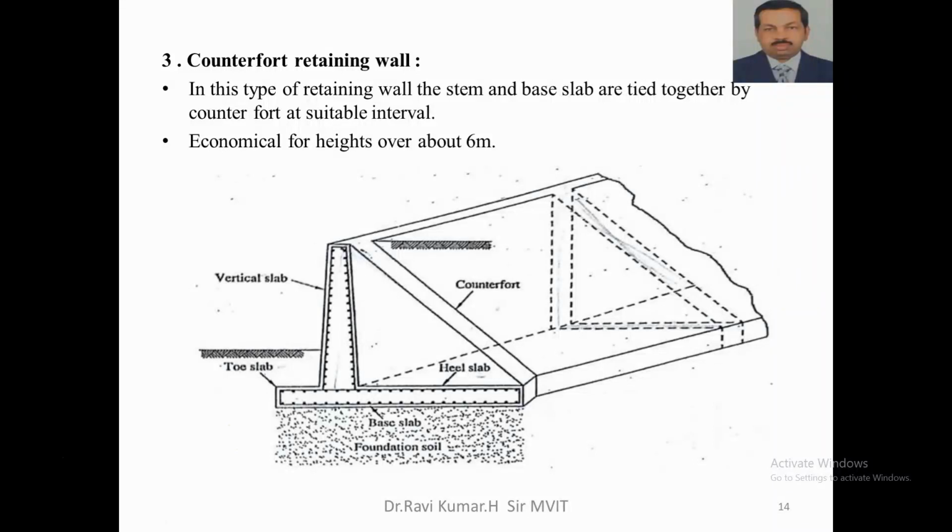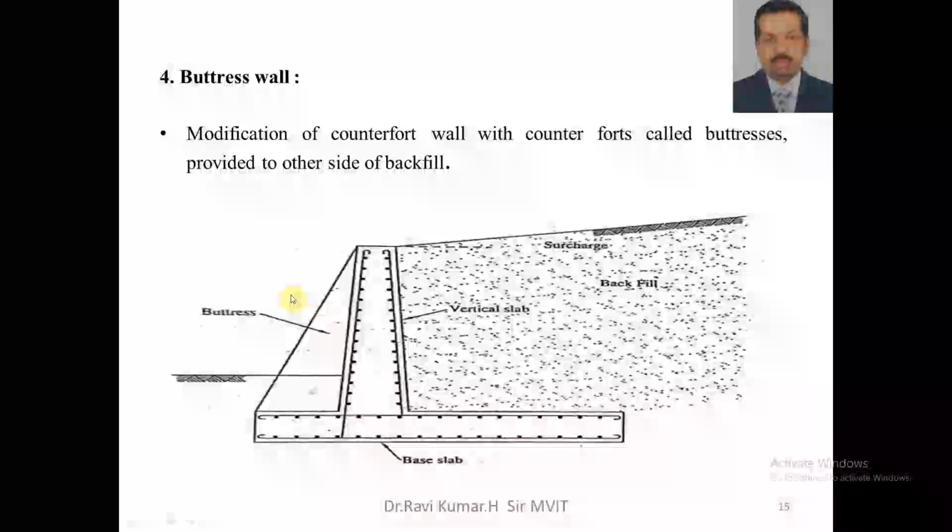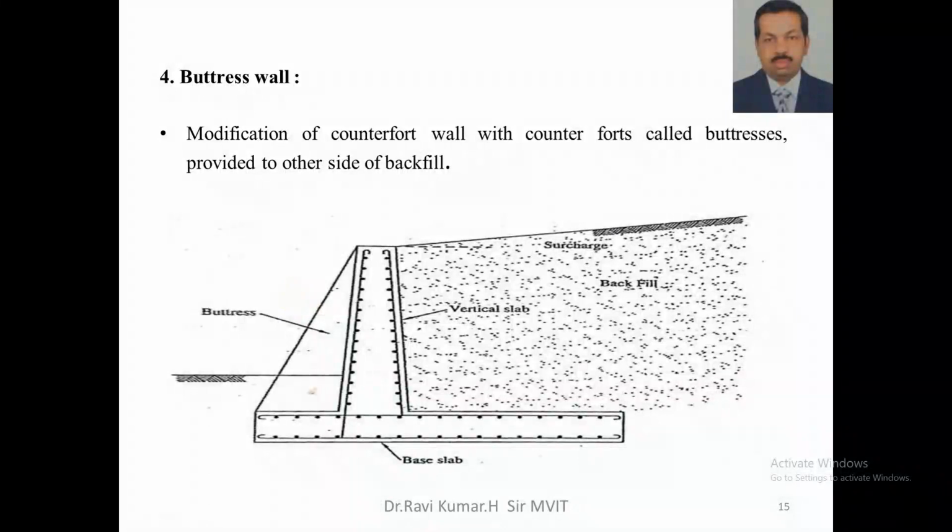After the counterfort retaining wall, the same counterforts provided on the other side is called a buttress wall, where the counterfort is modified and provided on the other side. Such a kind is called a buttress wall.